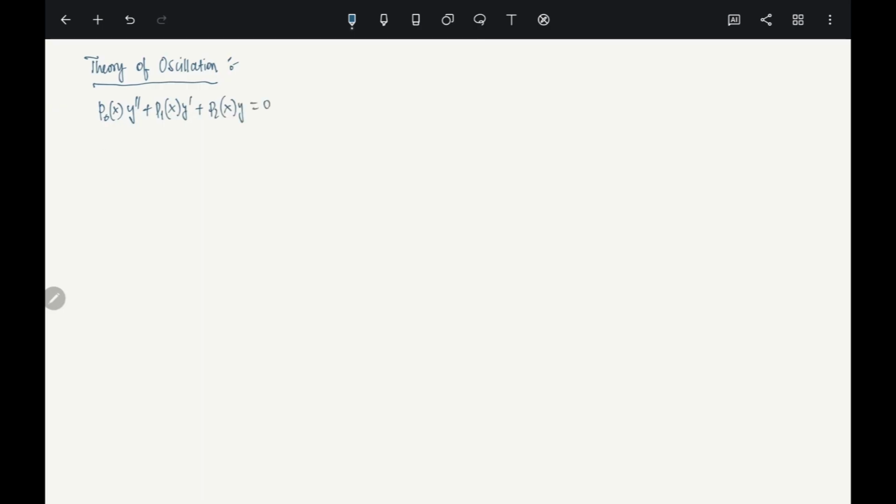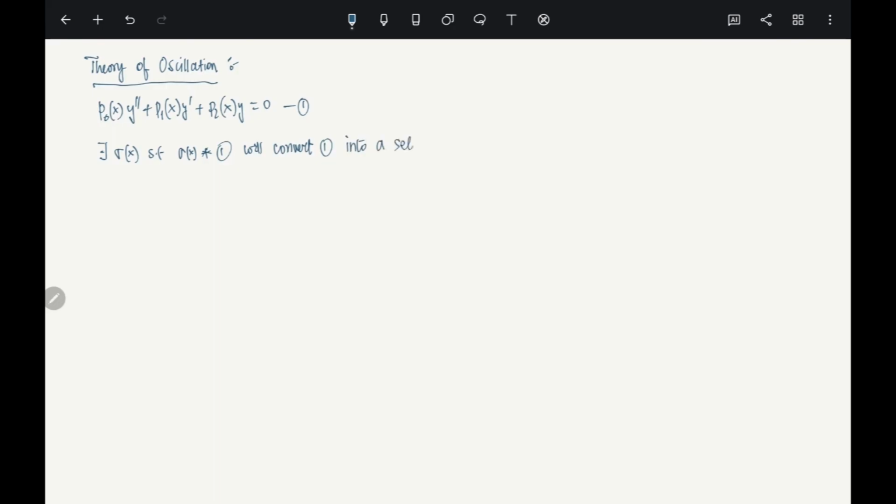Now we know that there exists a function sigma x, let's say, such that if you multiply the equation 1 by sigma x, it will convert 1 into a self-adjoint equation.